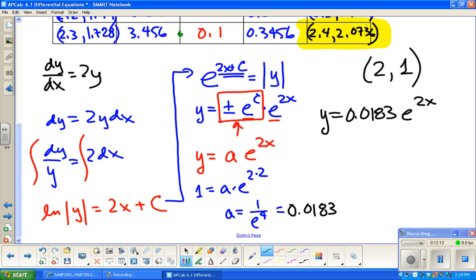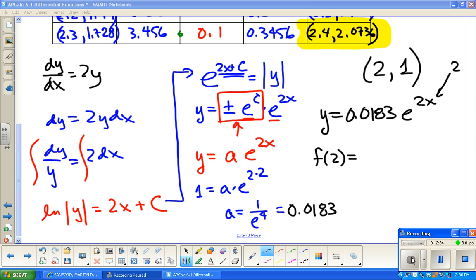Now what I want to do is find out what f of 2 is. Okay, so I'm just going to put in 2 right there for x. Okay, so times e to the 4th, because 2 times 2 is 4. Okay, and that ends up being 1.